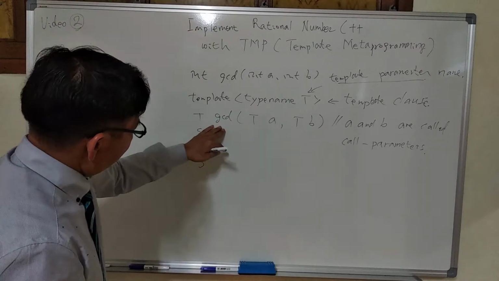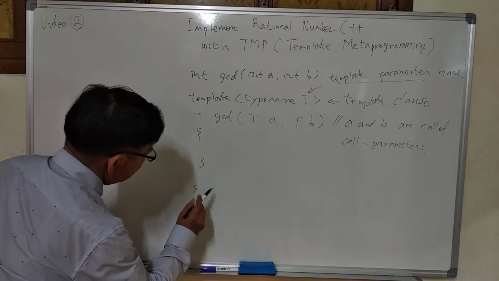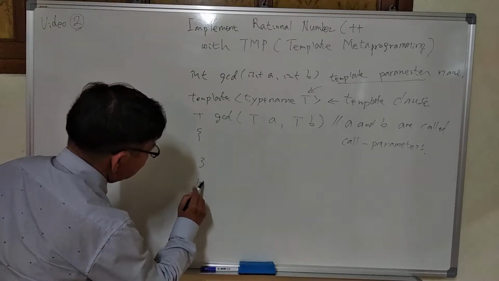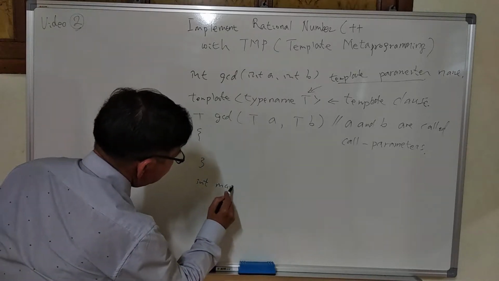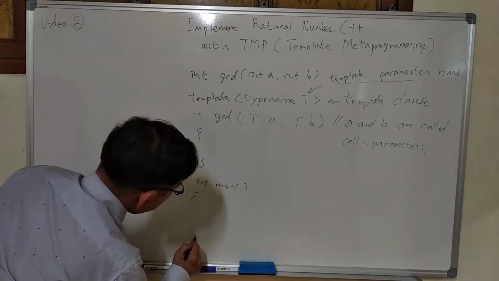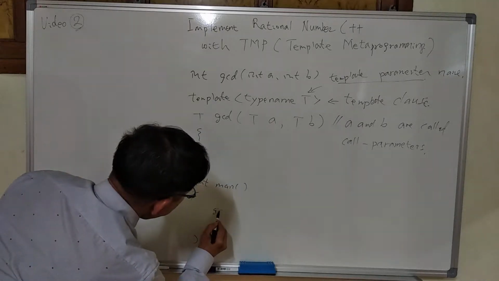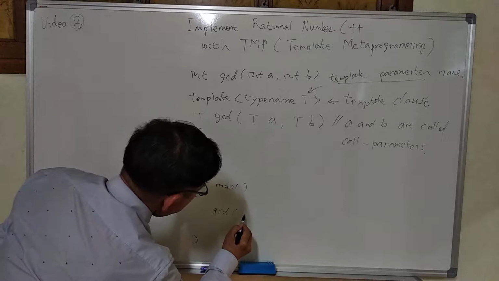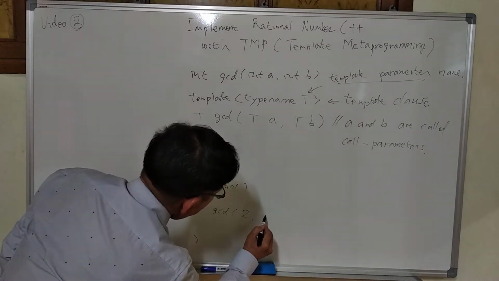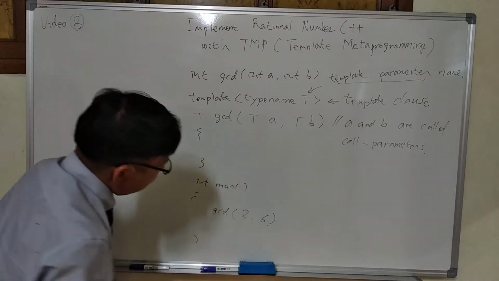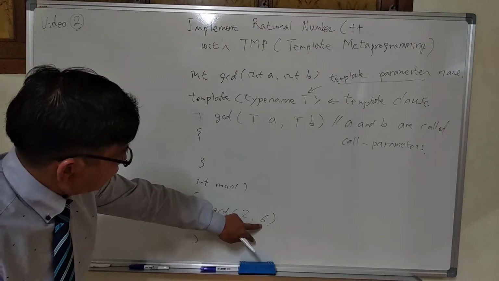When you call this function, we are calling it from some other function like int main. When you call GCD, for example, 2, 6, these 2 and 6 are arguments.